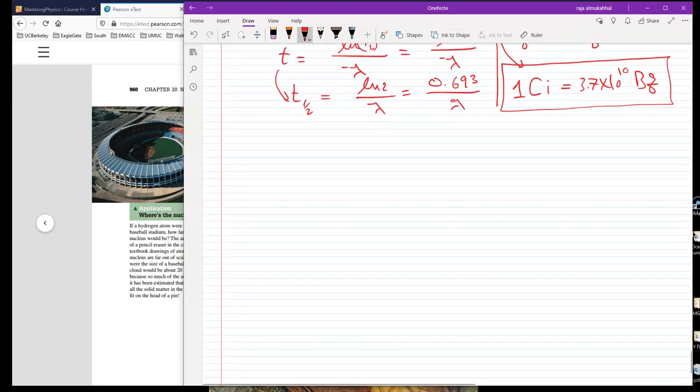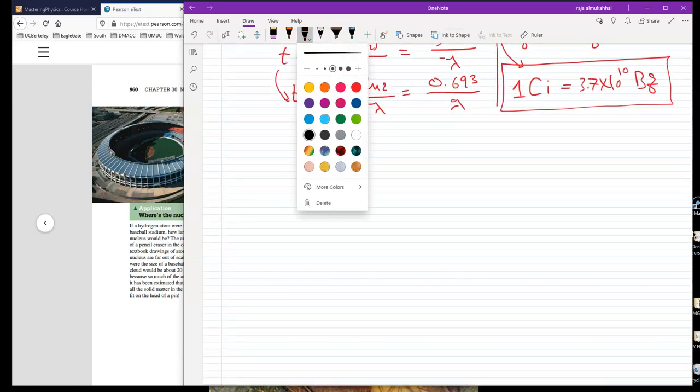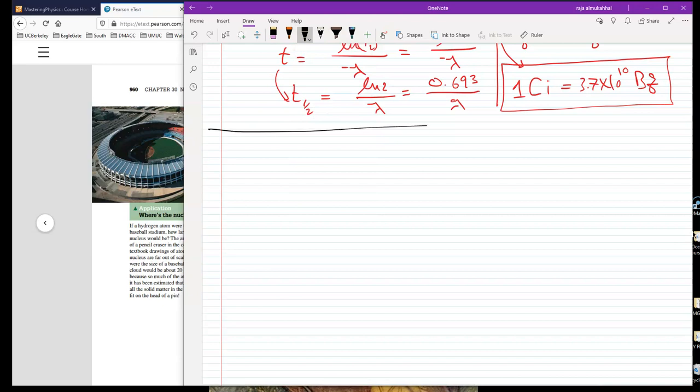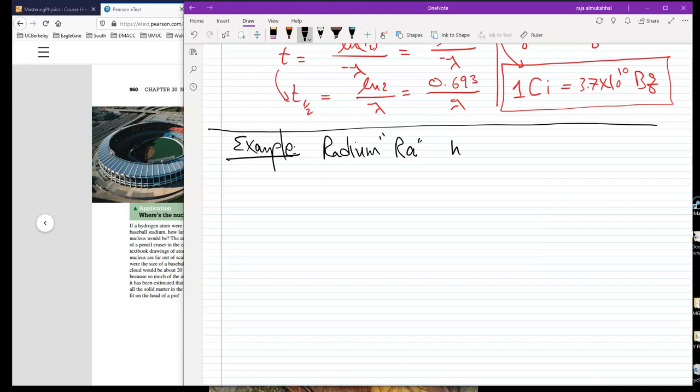Let's do some problems now. These are examples from my notes. So I have the element radium, which has the symbol Ra. It has a half-life, T sub half, equal to 1.6 times 10 to the 3rd years.